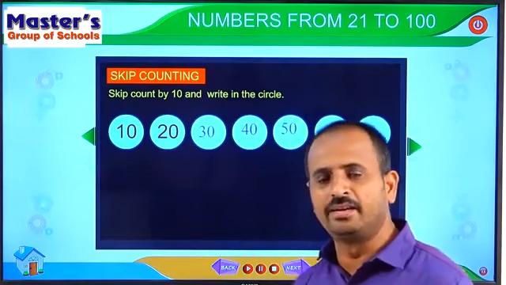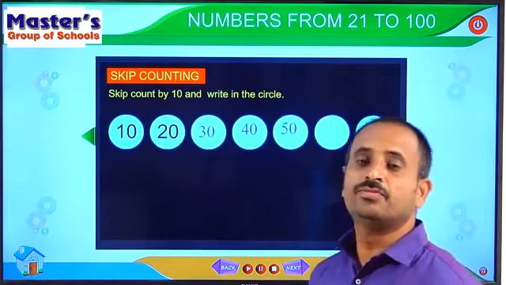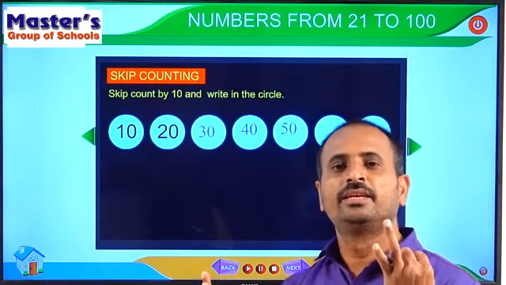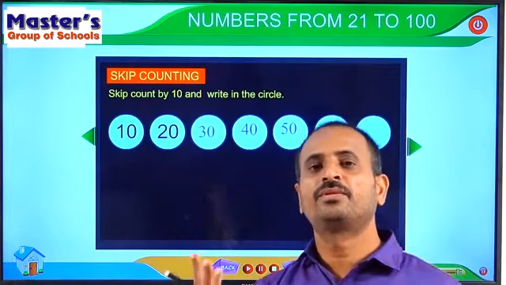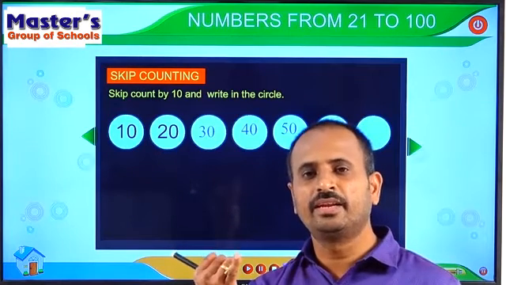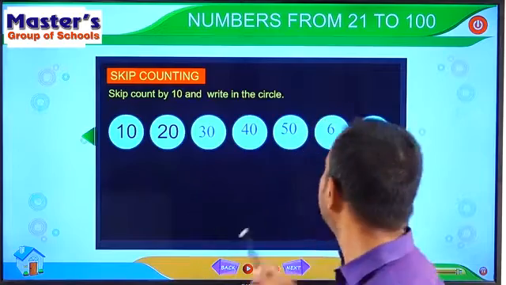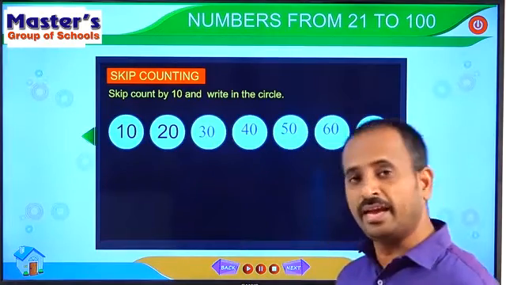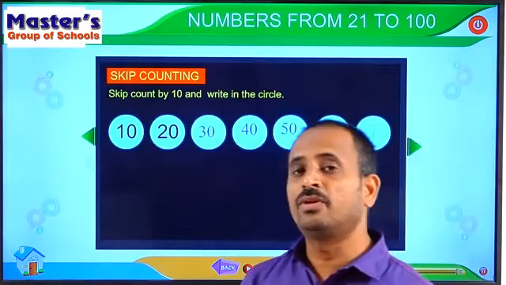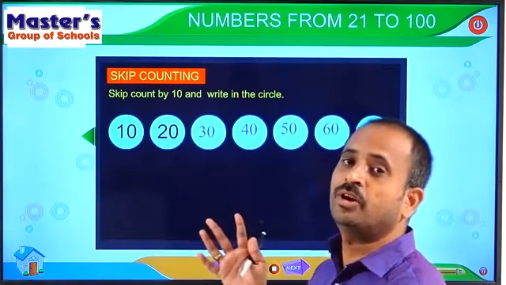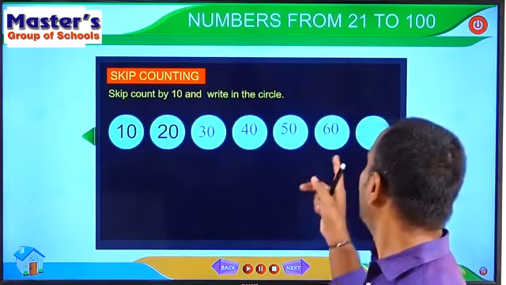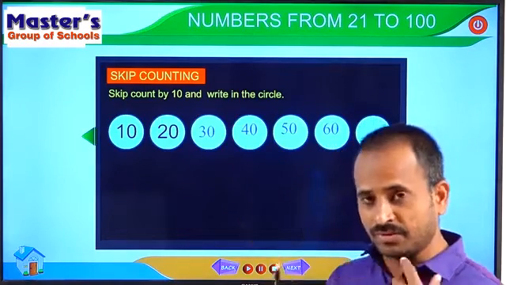Children, again add 10 to the 50. So 50, after it 51, 52, 53, 54, 55, 56, 57, 58, 59, 60. So write 60 in this circle. And again add 10 to the 60. Children, after 60, you have learned at the beginning of the chapter how to write the numbers from 21 to 100. So remember how to write the numbers from 61.